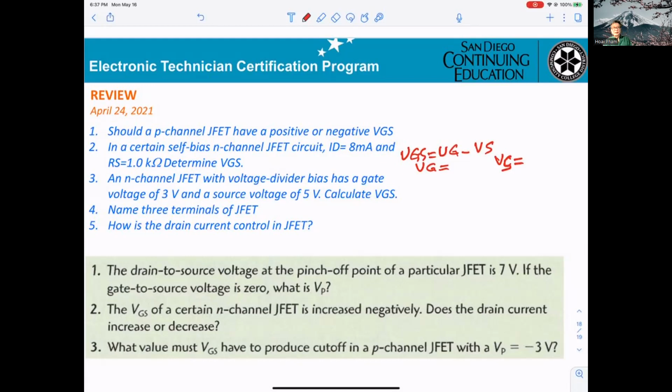You understand in the self bias, VGS will be equal to negative VS, correct? And VS will be equal ID times RS.